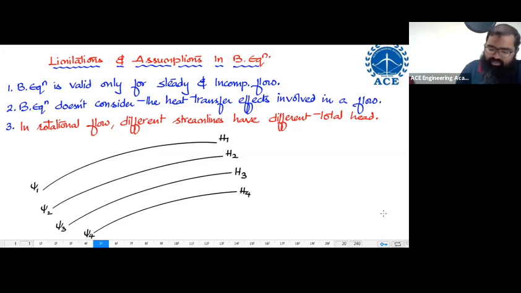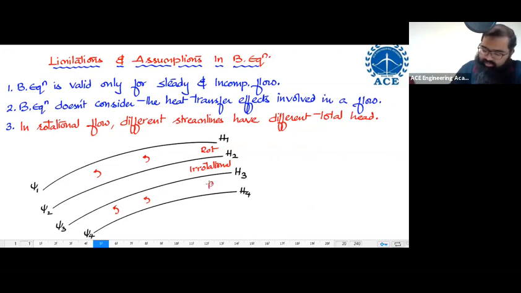Let us say, for the sake of understanding, that between psi 1 and psi 2, the flow is rotational. So you are having rotational flow over here. Between psi 2 and psi 3, the flow is irrotational. No rotation. Again, between psi 3 and psi 4, you are having flow that is rotational.